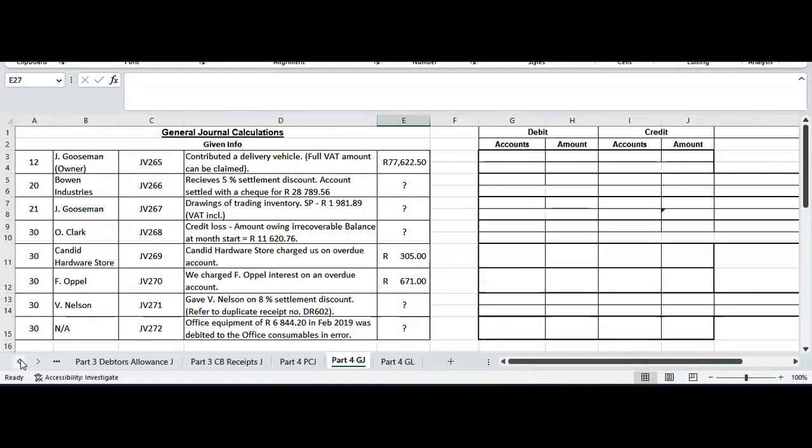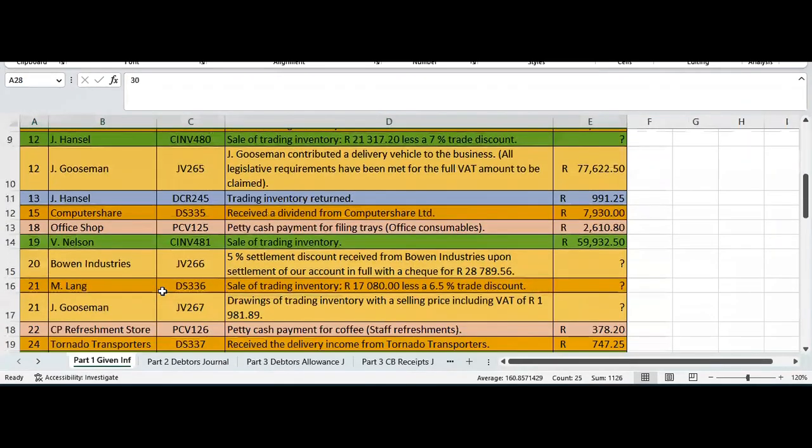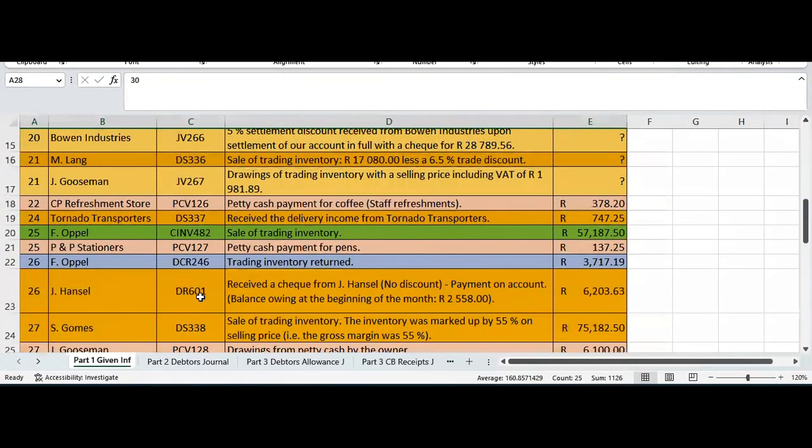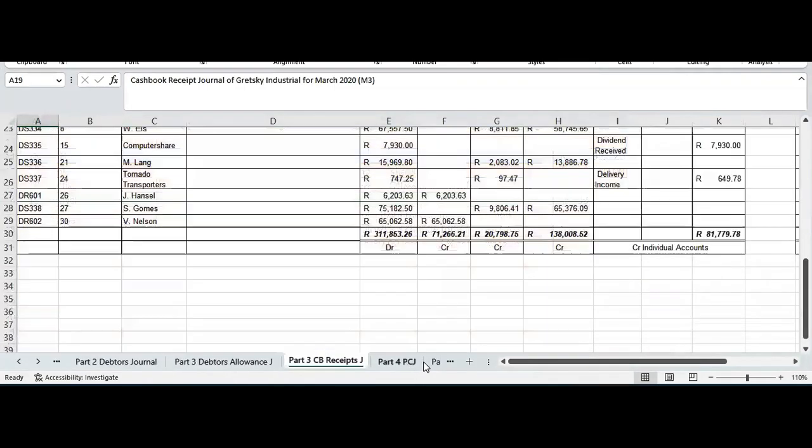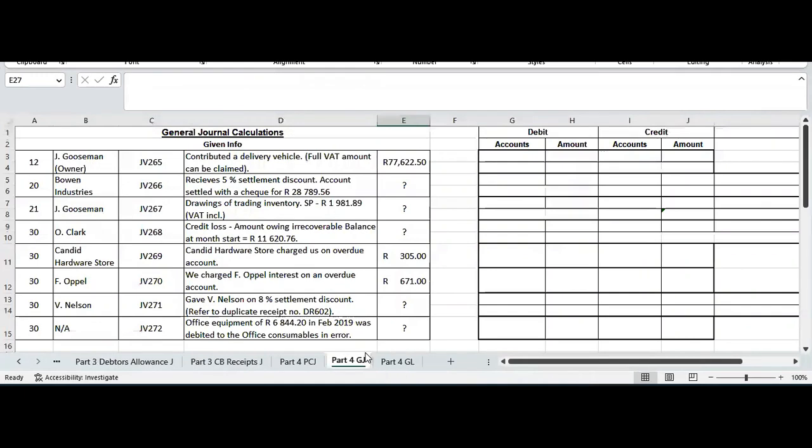So once again, we could go back to the beginning with the given info, and then we will see that every time we have a journal voucher, that will be an entry into our general journal, and we use the yellow. But just to save time, I said to you guys, I've transferred the information that pertains to the general journal from the given information. So I just took the other lines out and I put all of them here.